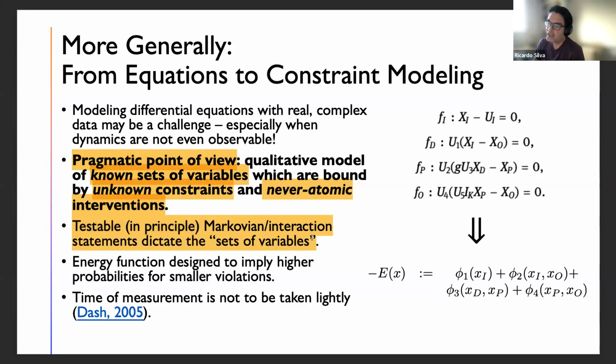So even if you observe only a partial set of experiments, they will have falsifiable implications in terms of which interventions are interacting with which random variables. The energy function here is interpreted as describing that the more you violate these constraints, the lower the probability of your system state would be.